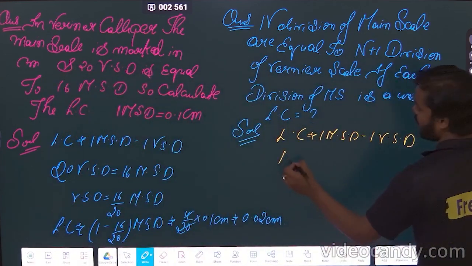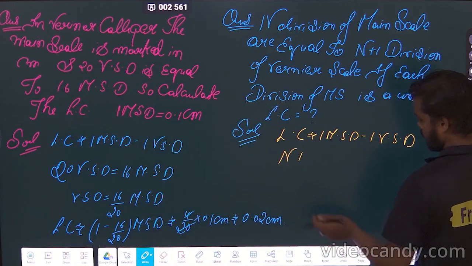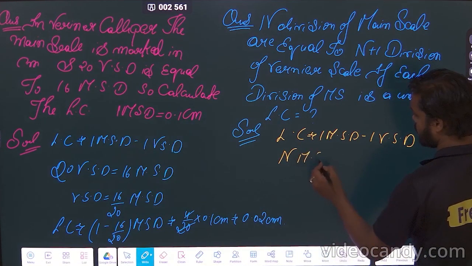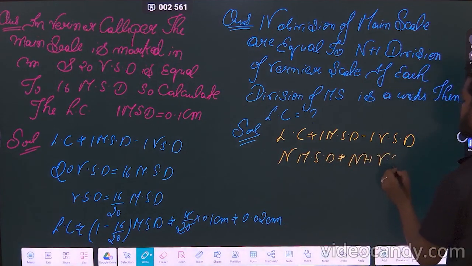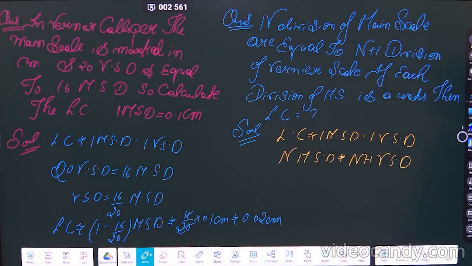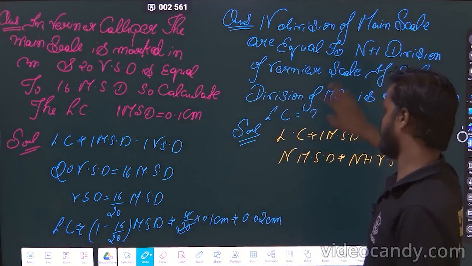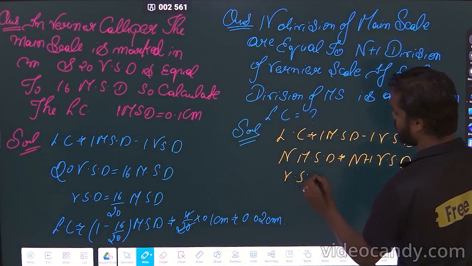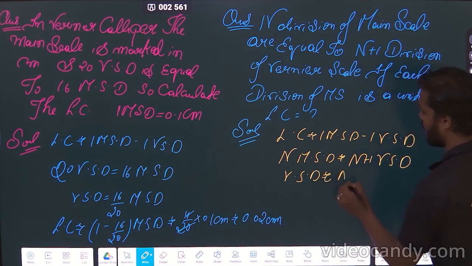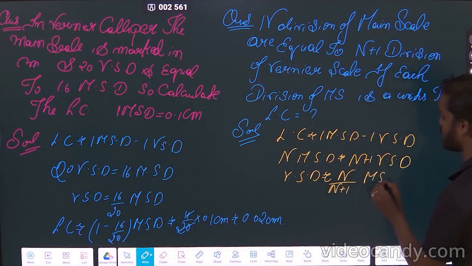We got n main scale divisions is equal to n plus 1 vernier scale divisions, correct or not? From this relation, I can say VSD, vernier scale division, is equal to n upon n plus 1 main scale division, correct?